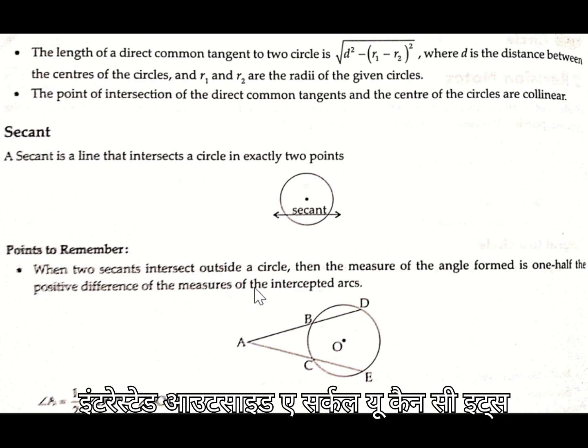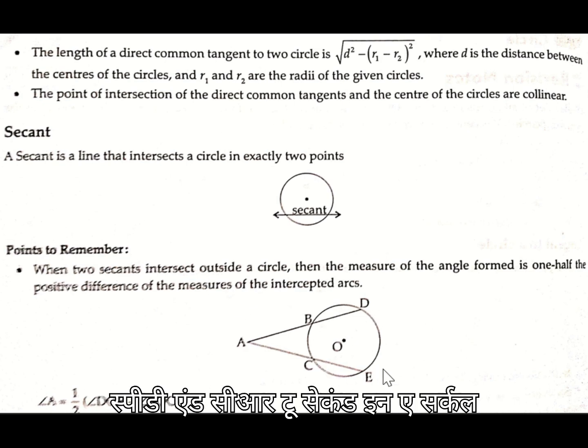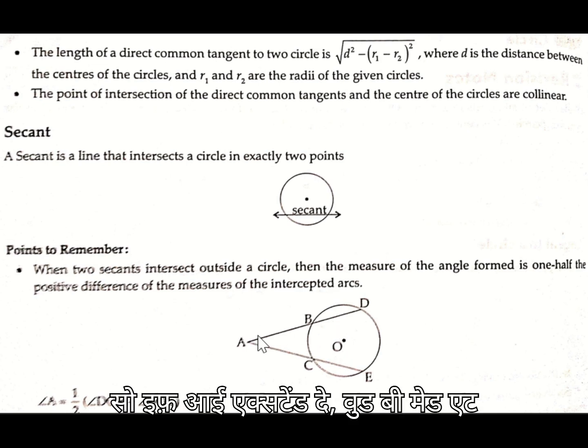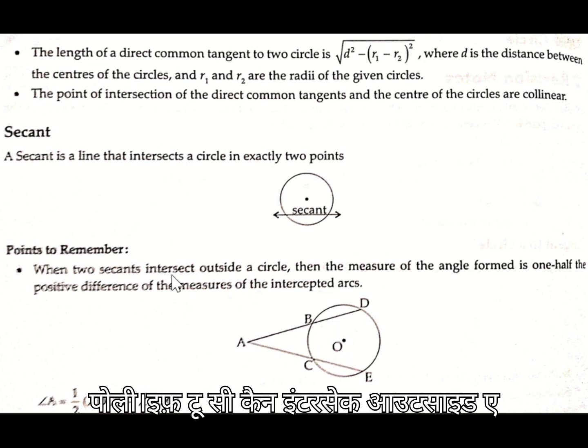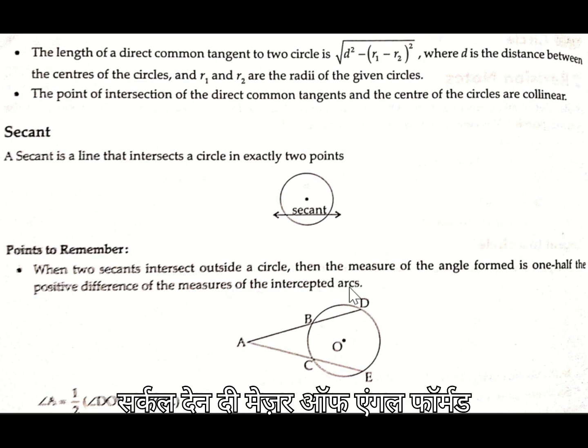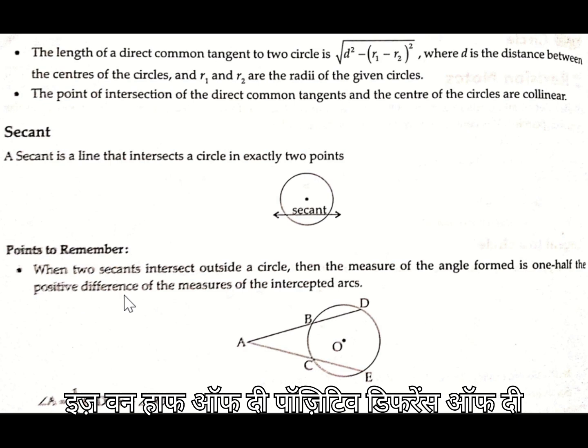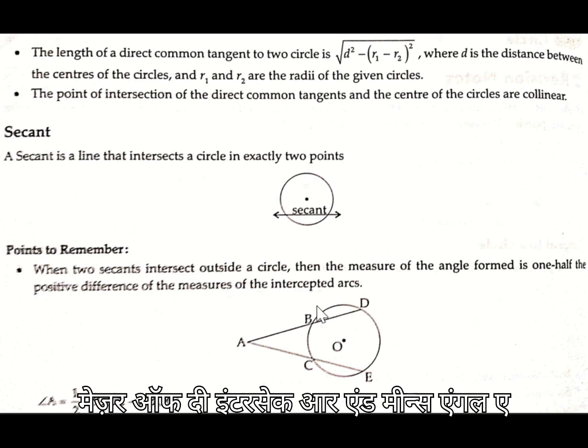When two secants intersect outside a circle, you can see the two secants of the circle; by extension, they would meet at point A. If two secants intersect outside a circle, then the measure of the angle formed is one half of the positive difference of the measures of the intercepted arcs.